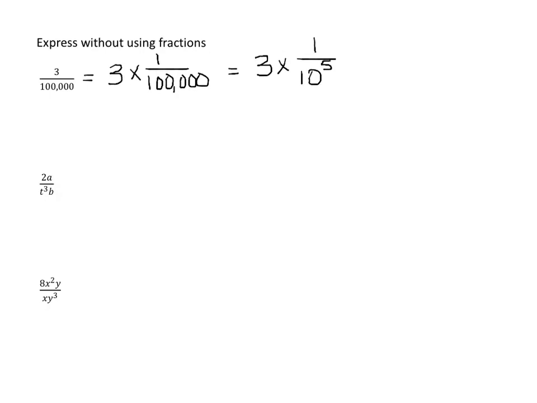I know it's the 5th power because there are 5 zeros. And because I can't use fractions, 3 times 10 to the negative 5th. Next one, 2a. Now in the denominator, I've got t to the negative 3, b to the negative 1.